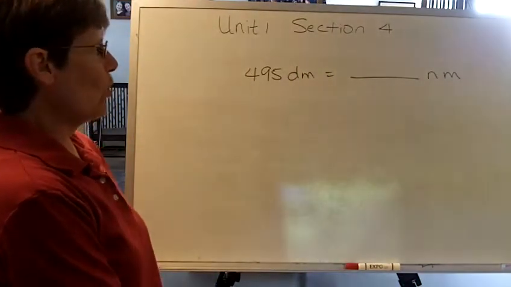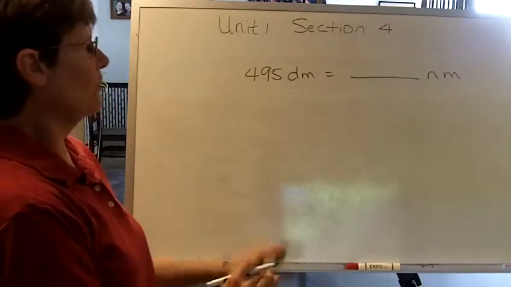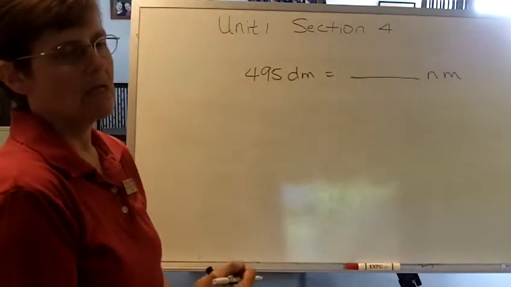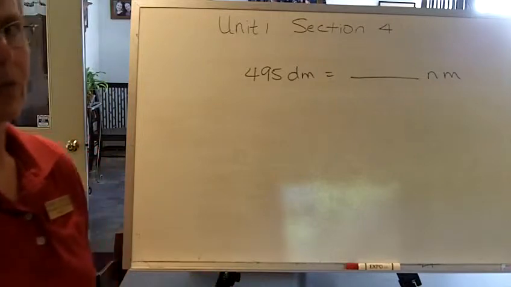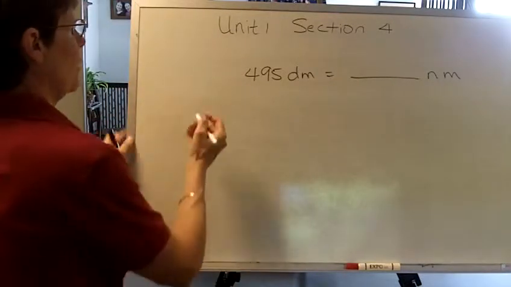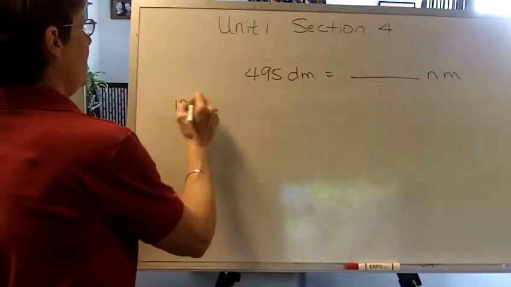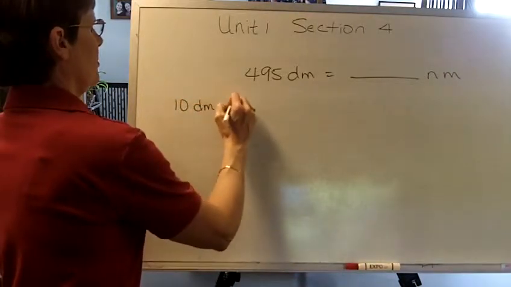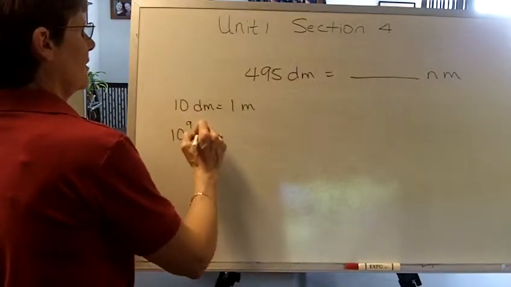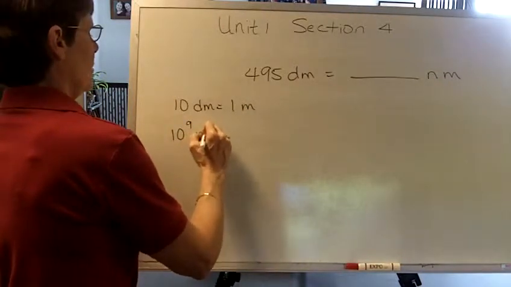All right, so what do we know? We don't actually have an equivalency that gets us directly from decimeters to nanometers. So there's a couple of different ways we can approach this. One is just moving the decimal point around. So let's put down what we do know. We know that there's 10 decimeters in a meter, and we know that there's 10 to the 9th nanometers in a meter.